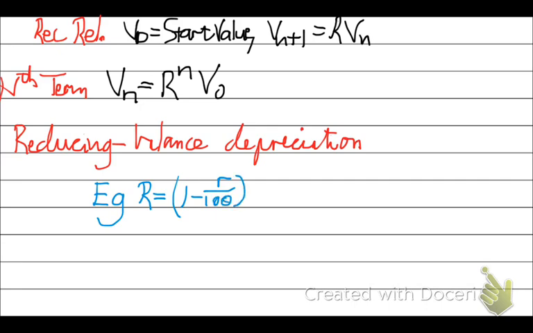For instance, in that last problem, if we were reducing the balance by 5% geometrically, we would have 1 take 5 over 100, which gives an R value of 0.95. So I hope that helps with finding the nth term for geometric growth or decay.